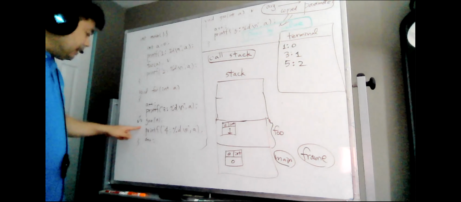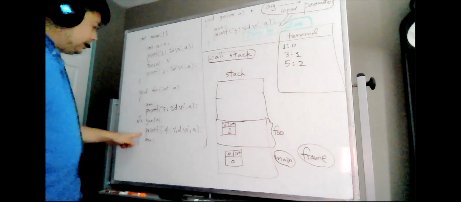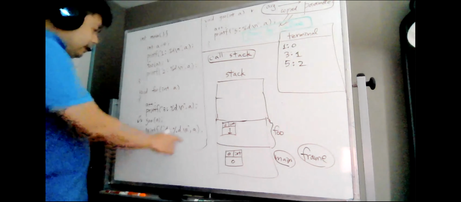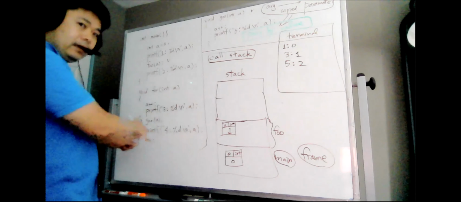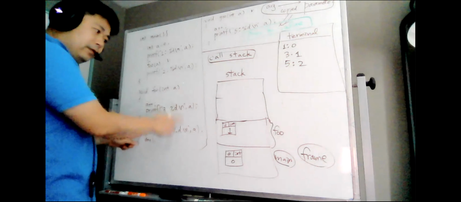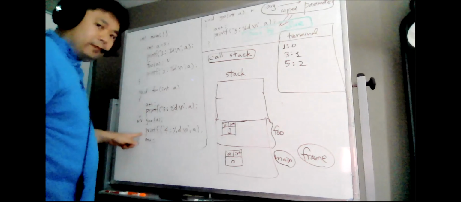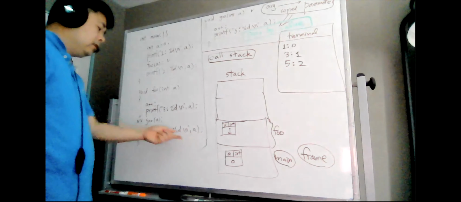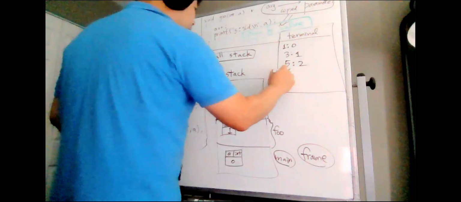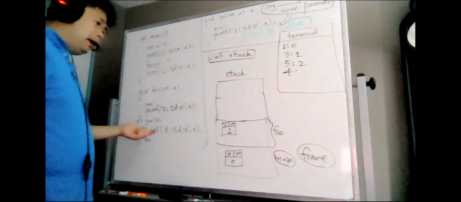And then printf 4 is executed. Because we're now running in function foo, you're looking at the stack frame for foo. So that means you print out 4. What is A here? A is 1.